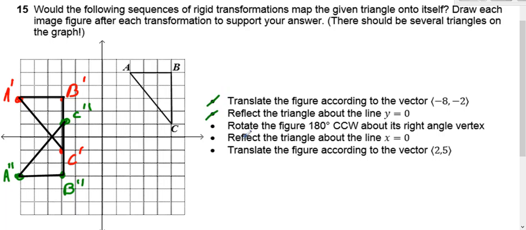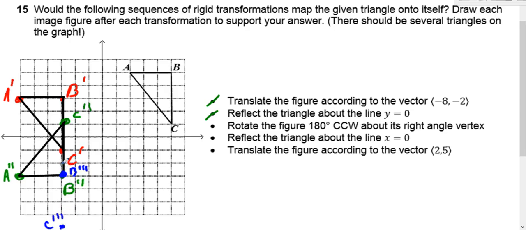So now rotate the figure 180 degrees about its right angle vertex. So if you rotate it 180 around the right angle, B is going to stay put. So that's B triple prime. C, instead of being up, would be down below because you rotate it 180 degrees. 1, 2, 3. So it's 4 away.